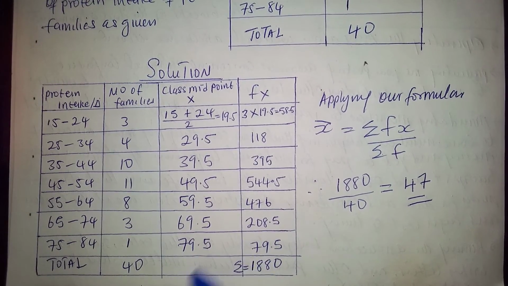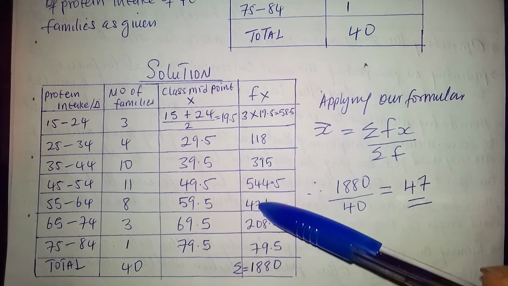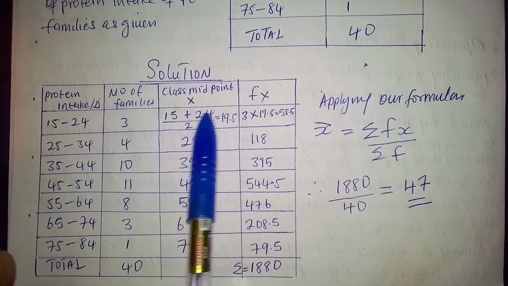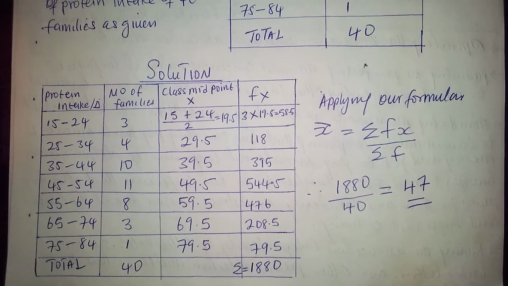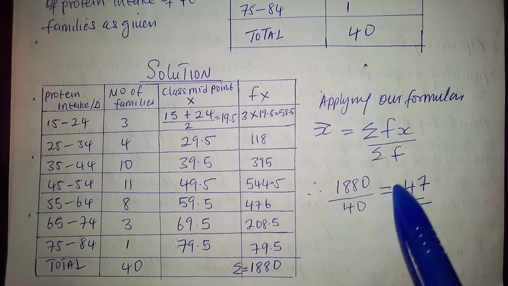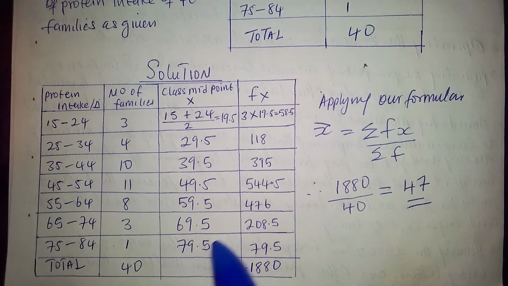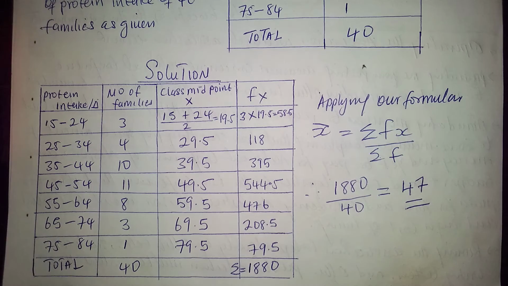Now, once you have gotten all these values, you sum them all, because you have to take these steps one by one for each of these until you get it. By the time you sum them up, they will give you a total of 1,880. By the time you get to this point, you write it down, then you divide by the summation of frequency. We added this up because of this formula, this summation sign.